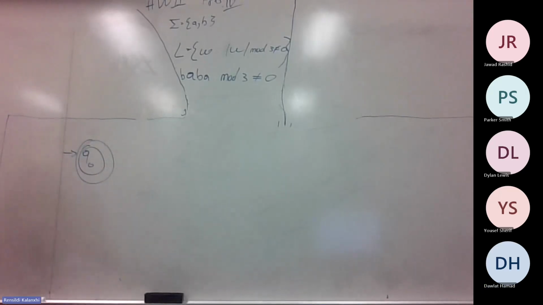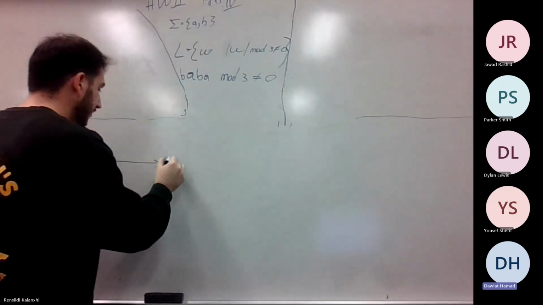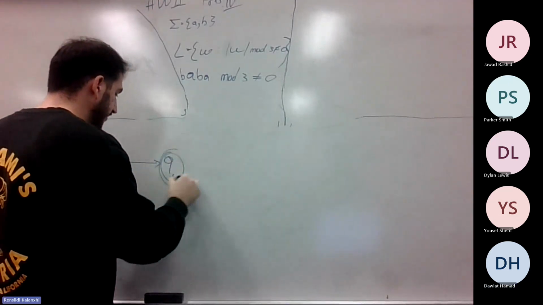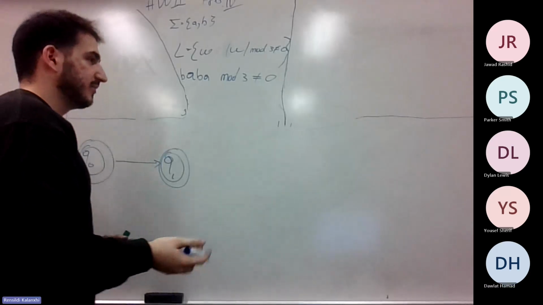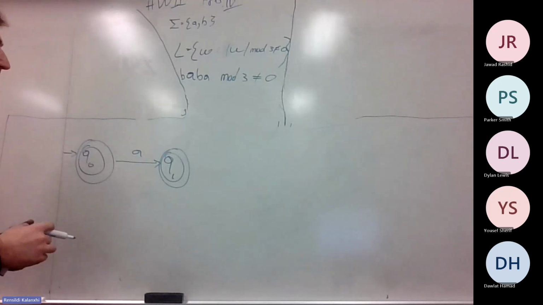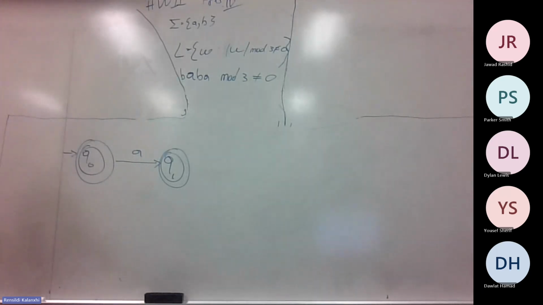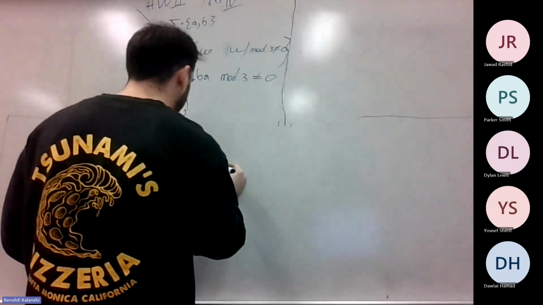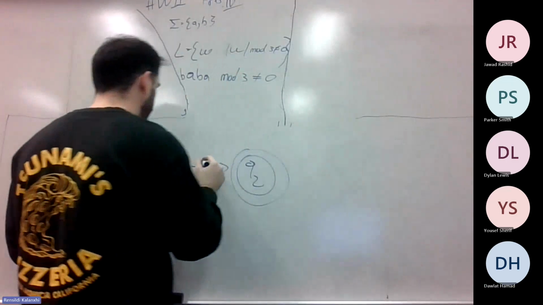And now the second state is also going to be a final state, because when you take the length mod 3 of just one a, it will still work. It's still not equal to 0. And if you do Q2, again, it will not.